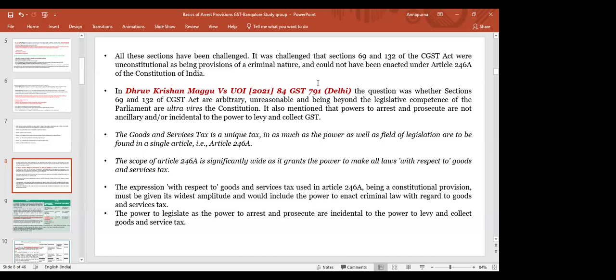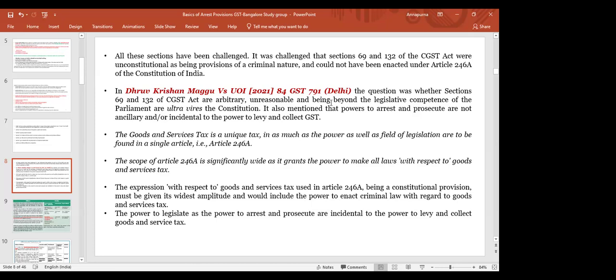Basically, they were trying to challenge that it doesn't fall within the scope of the Constitution amendment which took place by way of Article 246A, and that this is beyond the powers of Article 246A.